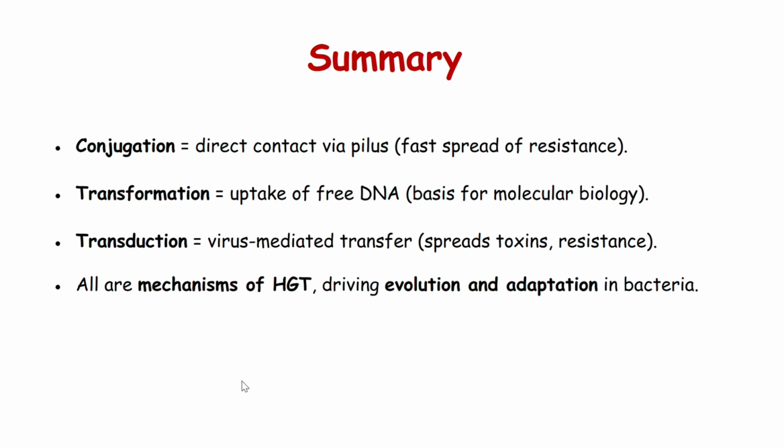Transformation is nature's recycling program where living bacteria take up naked DNA from dead cells and add it to their own. And transduction is when viruses, called bacteriophages, act as accidental messengers carrying DNA from one bacterium to another.